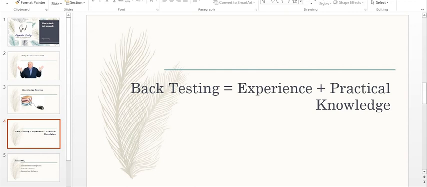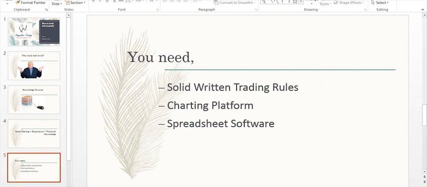Alright, so now you know what backtesting is and why it is so important. So let's talk about what you need in order to start backtesting. First thing you need is a solid written trading plan or trading rules. So how do you create trading rules?